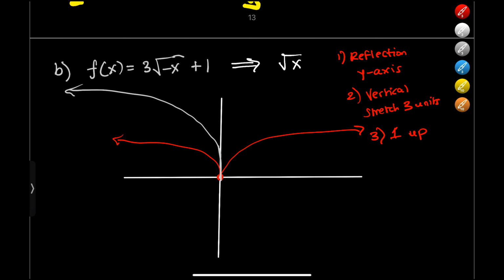And then finally, it moves up 1 unit. So the final thing would be like this. Let's say this is 1. So it would start up here, and then go up like that. That's pretty shaky. That would be what the final function looks like.